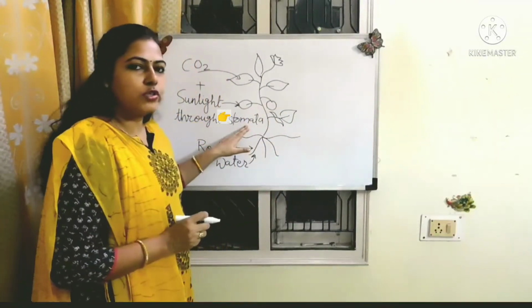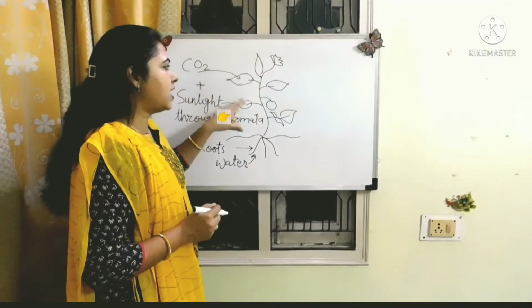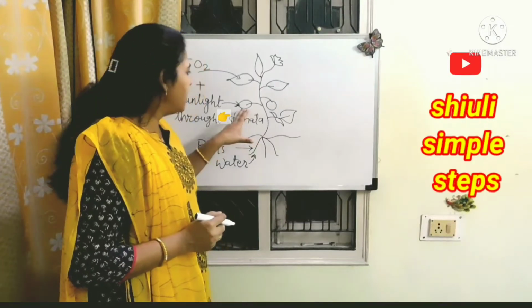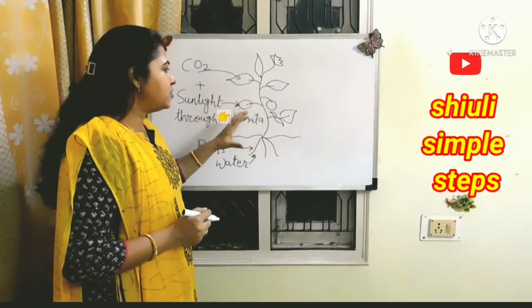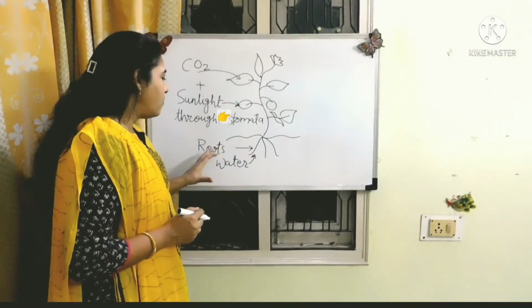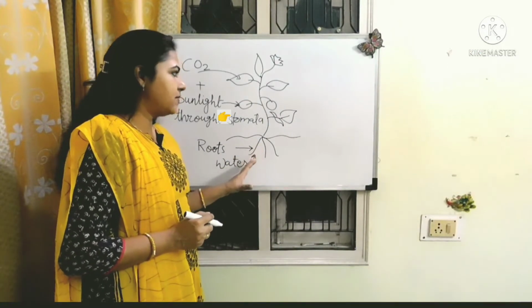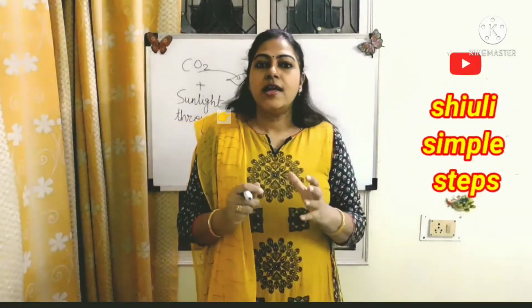From these holes, from these pores, sunlight and carbon dioxide are absorbed in the leaves. Understood? Here carbon dioxide and sunlight are absorbed in the leaves through stomata, and water is absorbed through the roots. Water is absorbed from here and they put together and form their food.